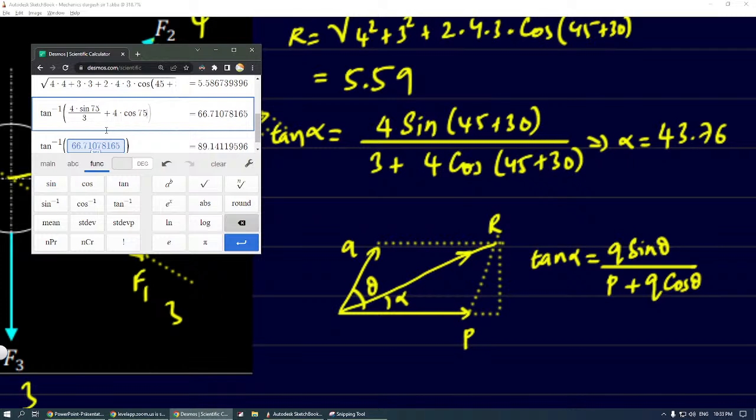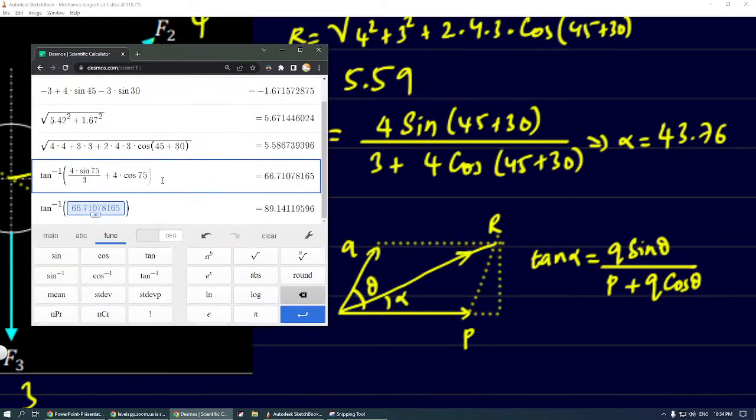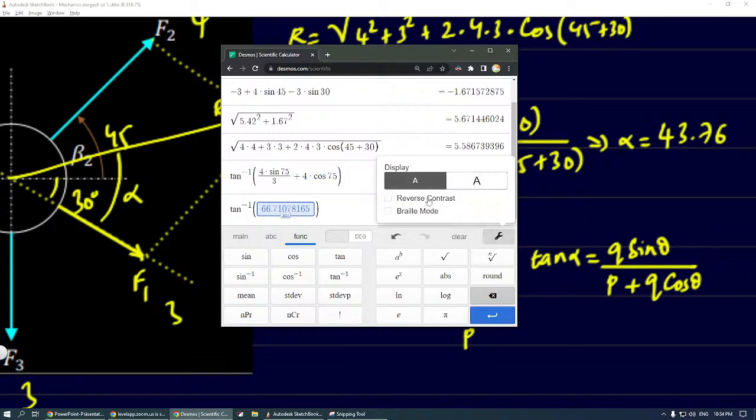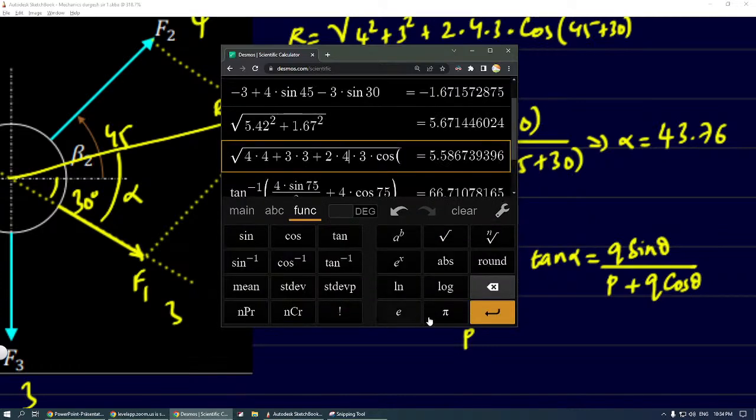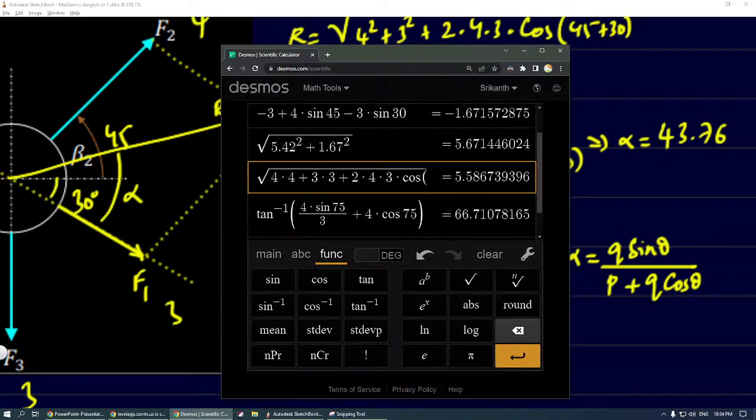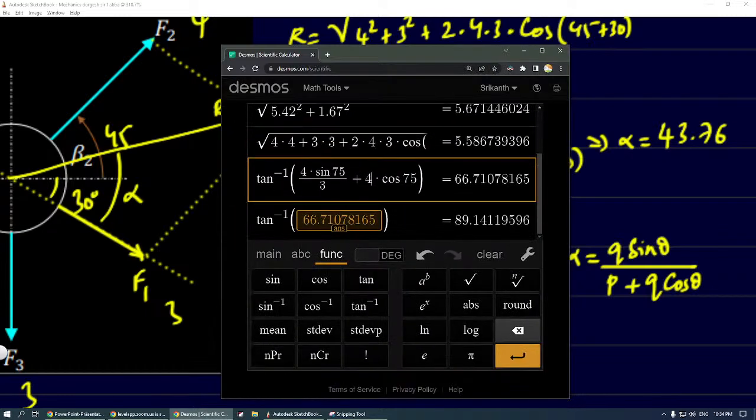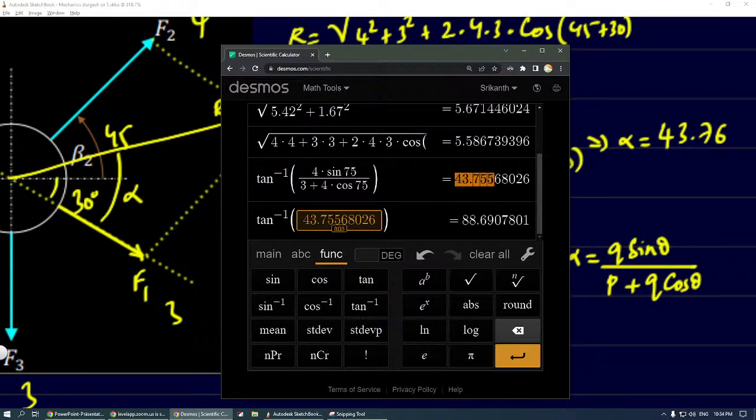Yeah, 60 something. So here you can see what you did. Can you see the screen? Yes, sir. I'm checking what mistake you made. If you take plus like this, it will not go in the denominator. Let me make the calculator large. You're supposed to take this in the denominator. If you take it in the denominator, you get 43.76, right?